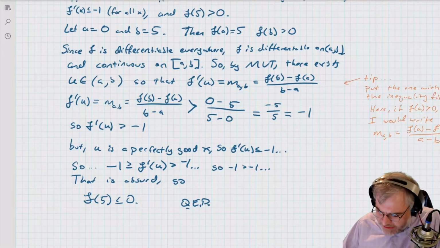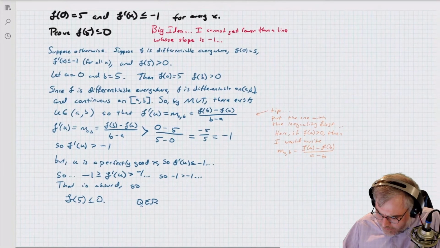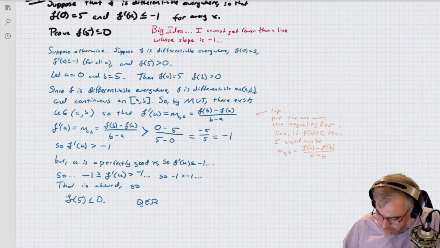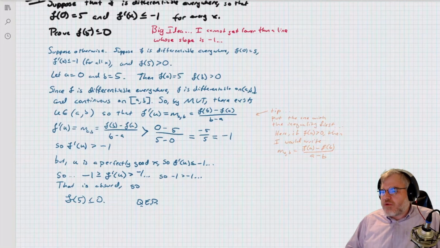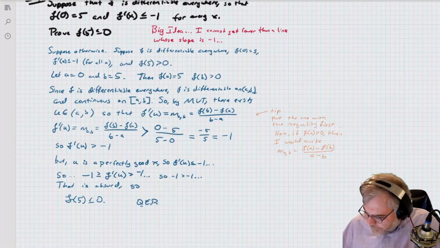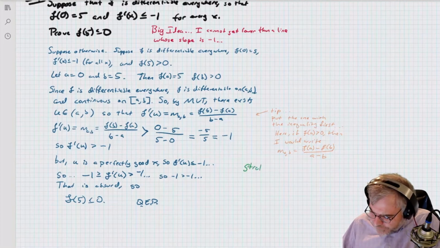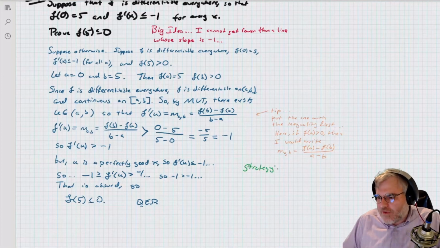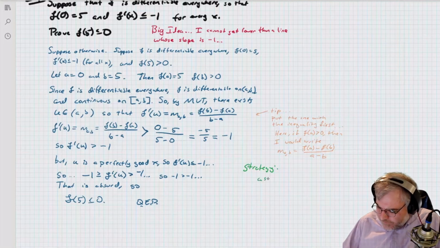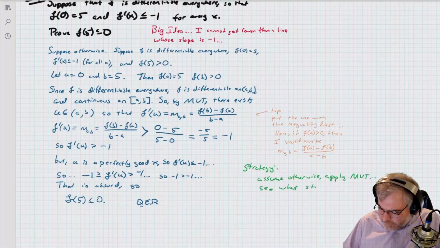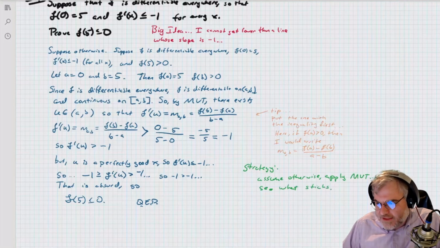So what was my strategy here for this problem? Okay, let's write it as if it was a regular proof for the strategy. What was my strategy? Assume otherwise, apply MVT, see what sticks. Okay, that was the whole strategy.